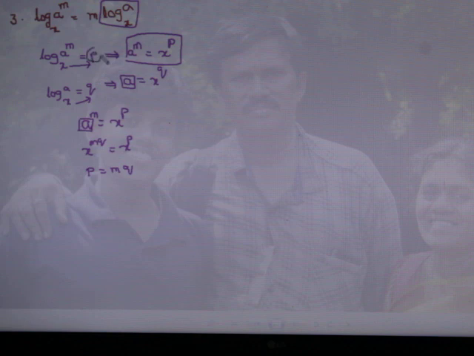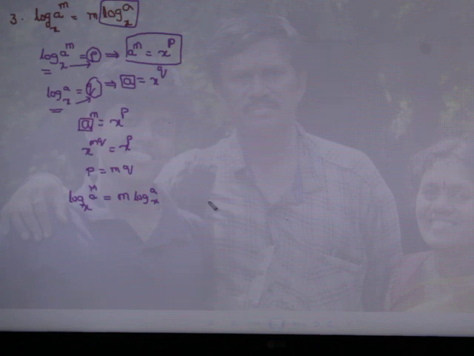P is log a power m base x, which is equal to m into q. What is q? Q is log a base x. Remember, these two are very important for future use.